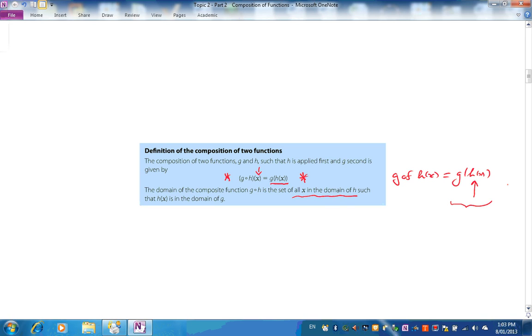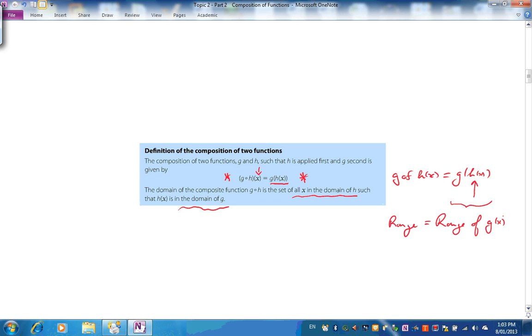It's got to work in h first, and then you produce a value and g can operate on that. And then you can only have that possible domain value if it's within the domain of g. g must be able to work on it then to produce the range of the overall function. And I guess you can see then the range is equal to the range of g.